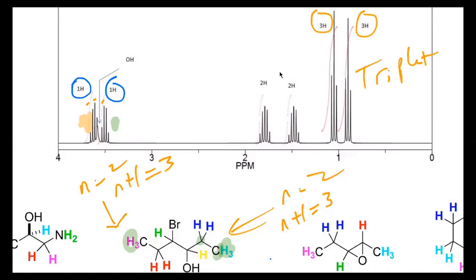So now which is which? Which one is the one that's further? They're both upfield, but which one do you think is going to be more downfield than the other? The one closest to oxygen. Closer to oxygen. So the teal colored ones, right? Let me see if I got a teal colored highlighter. Oh, I do.